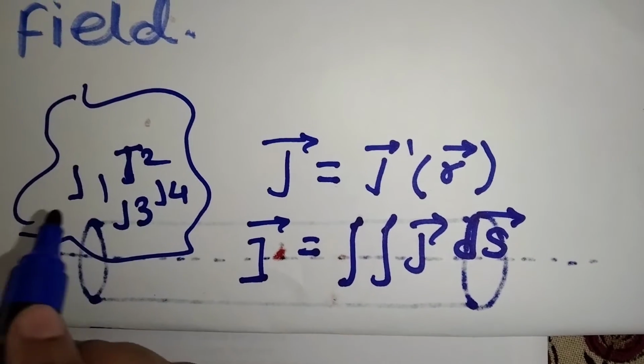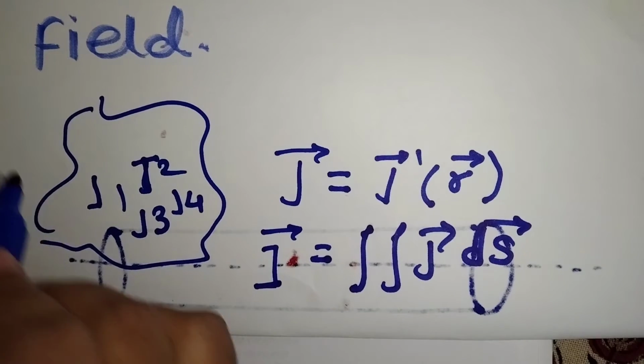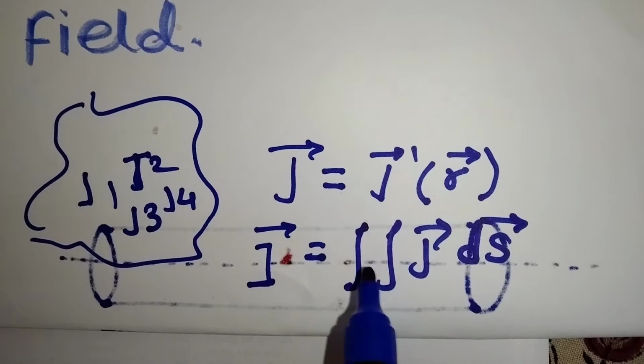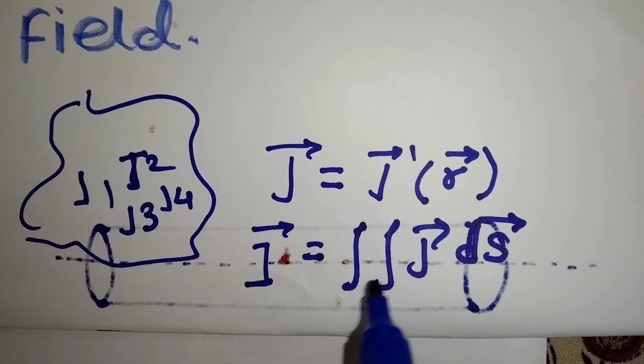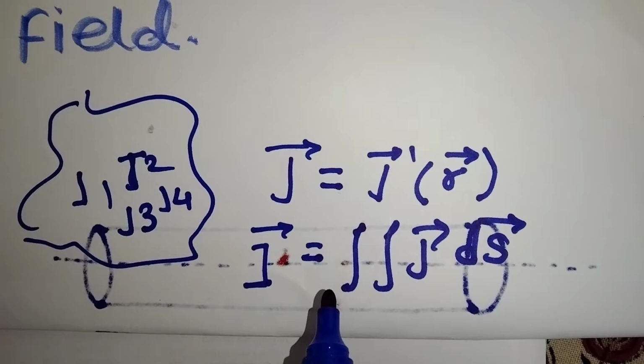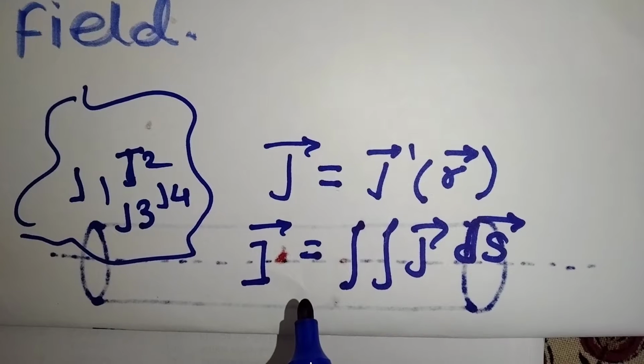In this curve the current I will flow, so total current I is equal to the integration over J bar ds. I is a single current through the surface.